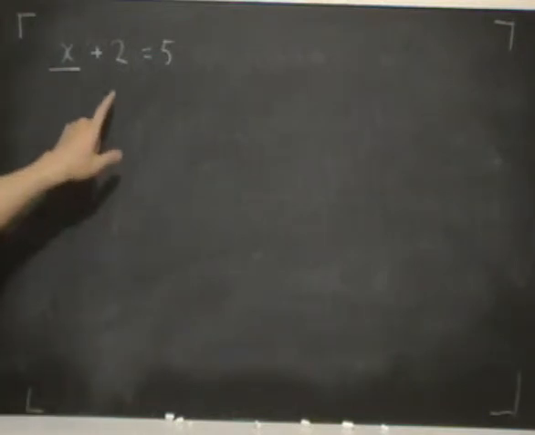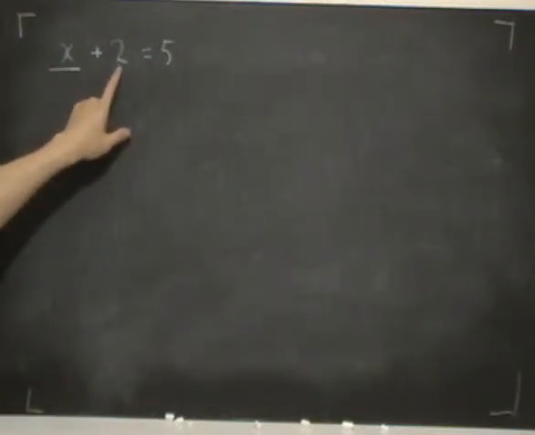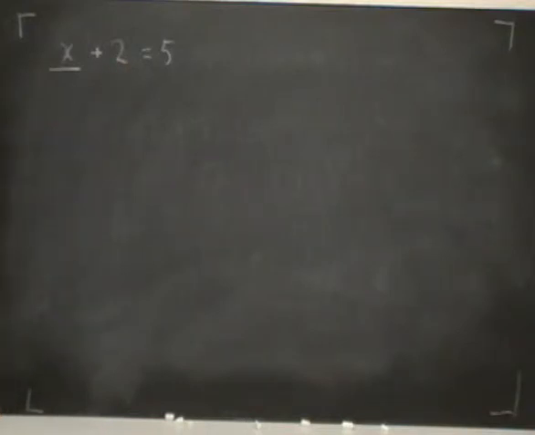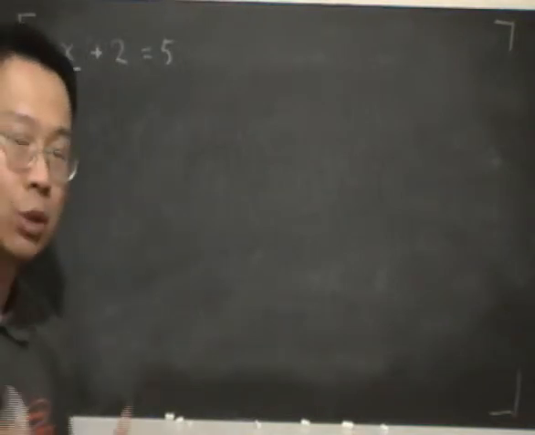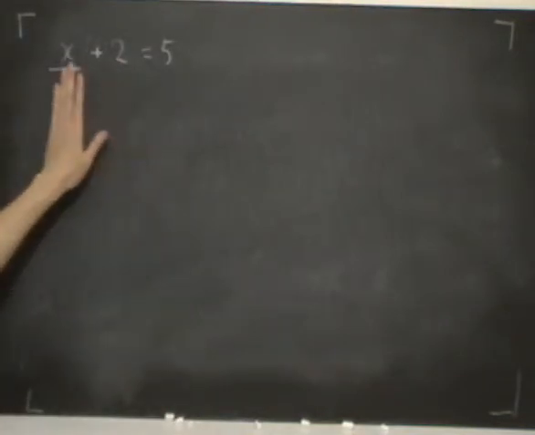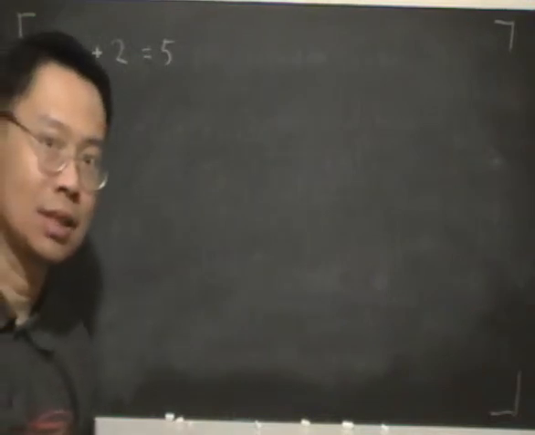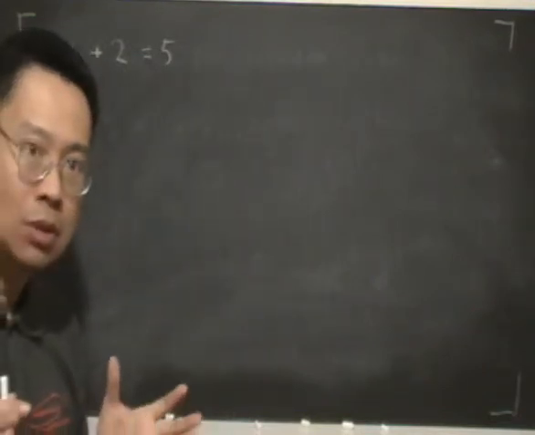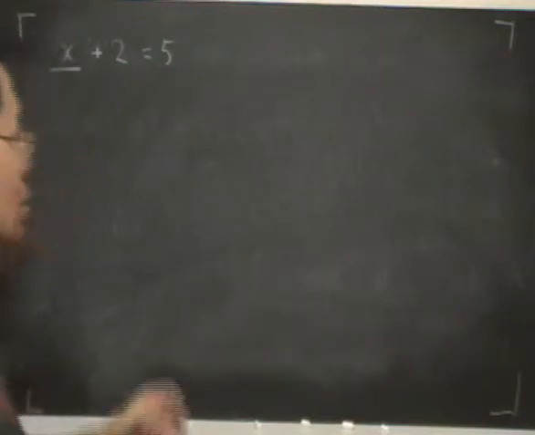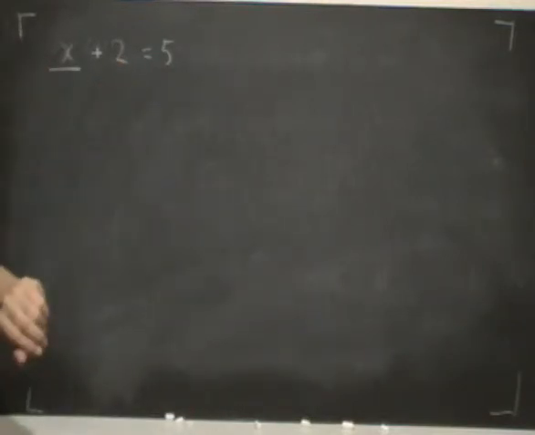Now we have a 2 there, which is sort of in the way, because if we don't have the 2 there, then all we have is the x, and that's the answer. So the idea is we can think about trying to get rid of the 2.